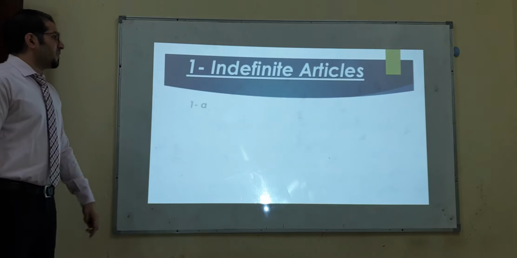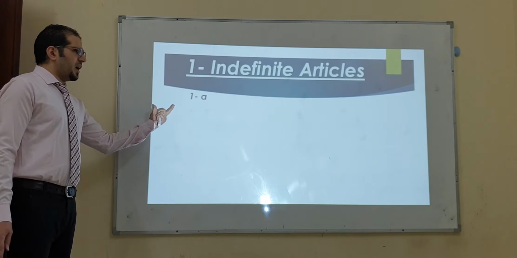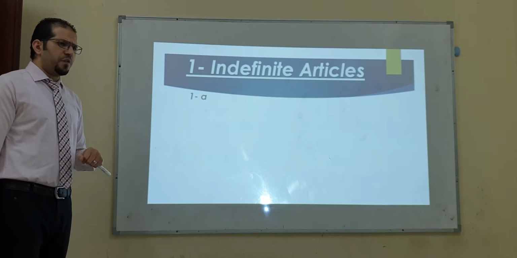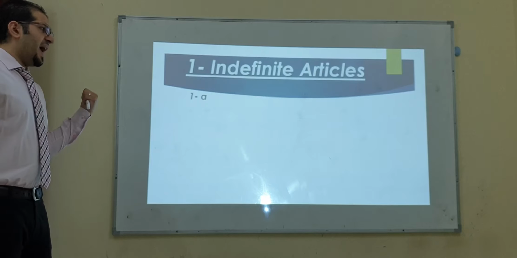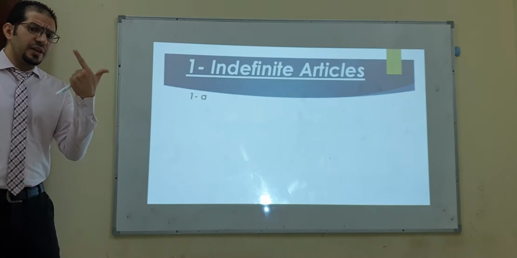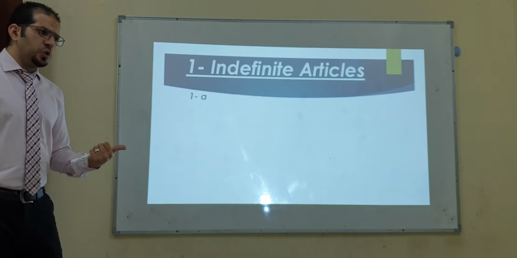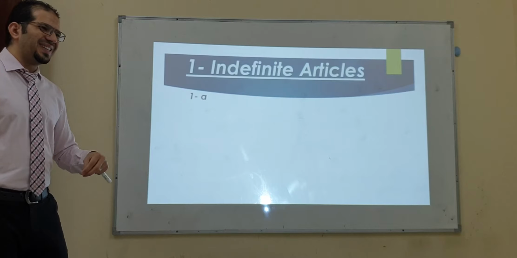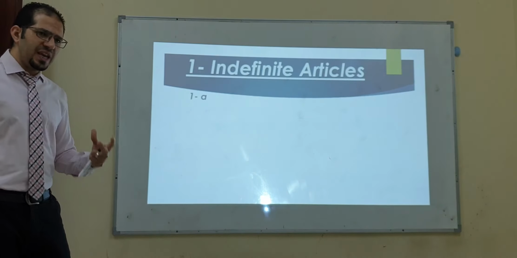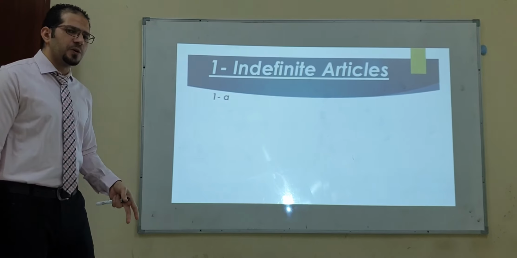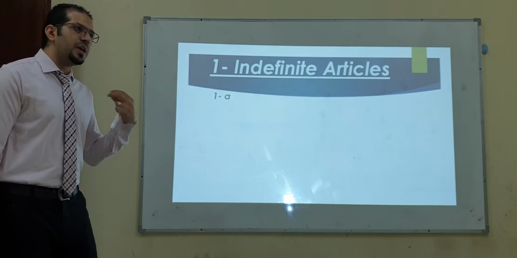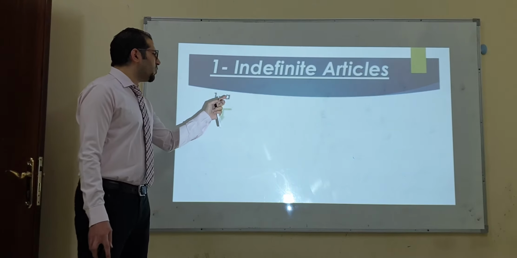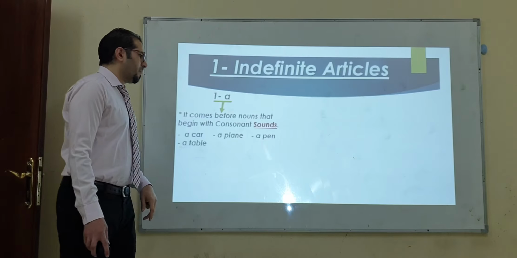Let's take the first part, indefinite articles. You told us that a and an both mean one, and are used for singular countable nouns to refer to something that is general. Any person, any animal, anything. So what is the difference between a and an?